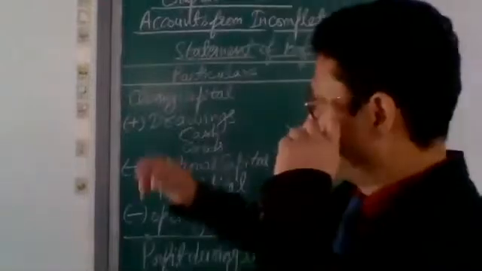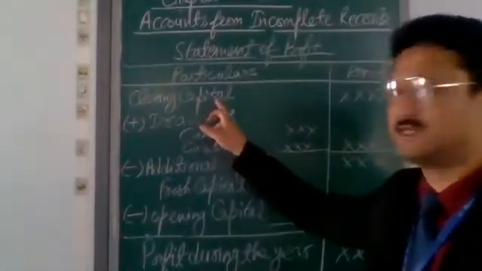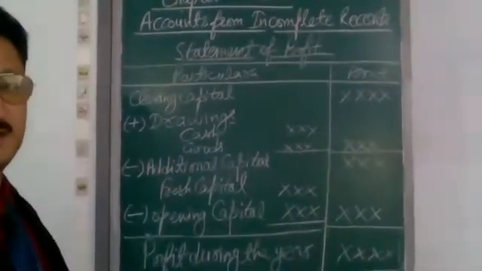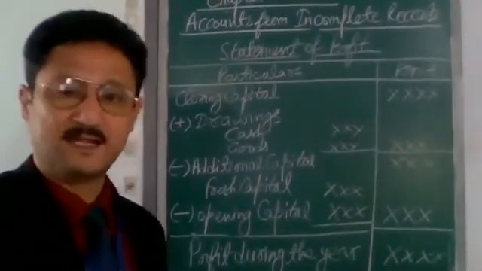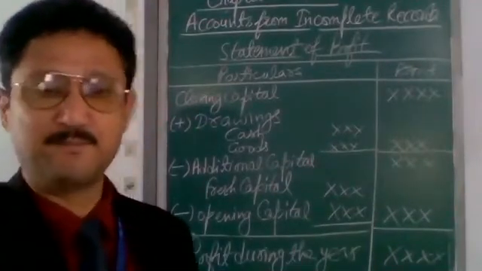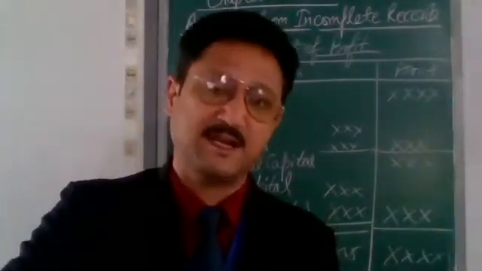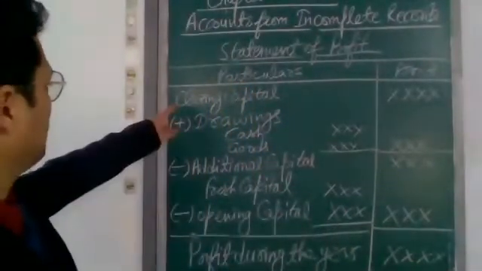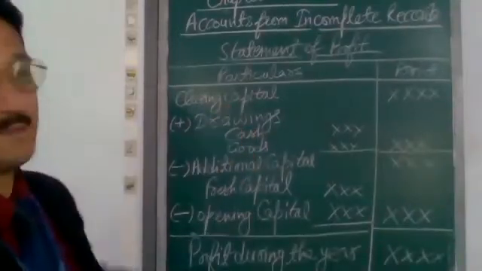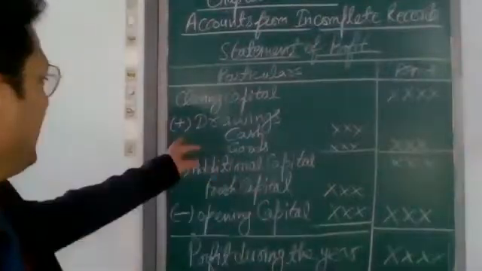So what I mean to say, if we start with the closing capital, then we will have to change the signs. Whatever was added in arriving at the closing capital should be subtracted, and whatever items are subtracted should be added. Therefore, in arriving at closing capital, drawing was subtracted, but now we are adding it.